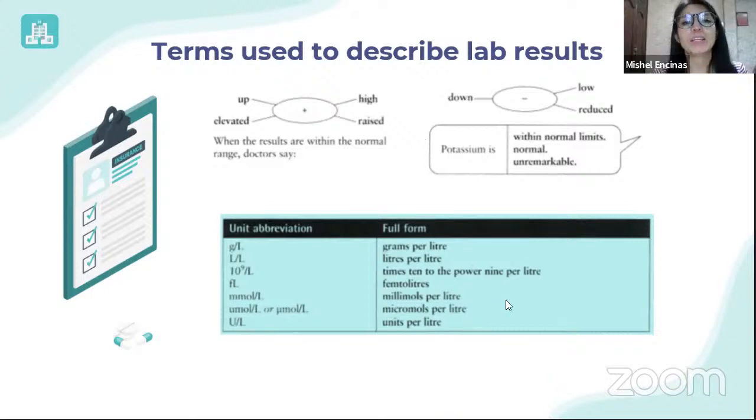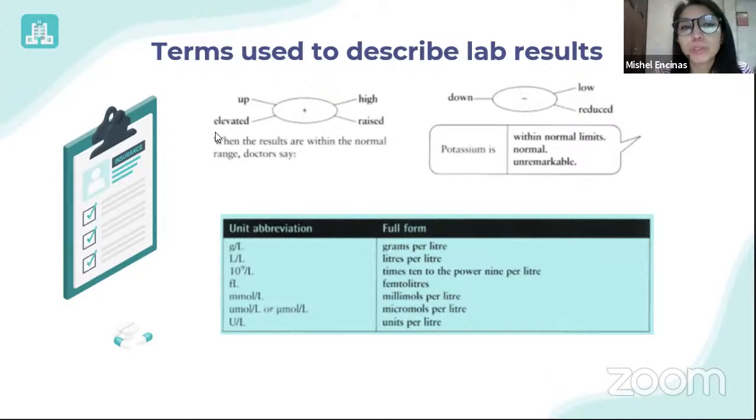Okay, thank you, Belen. Okay, yes, it's not so much important, this part, but the part that we really have to know is how to read the results, right? We have to know the range, and that's the most important part.